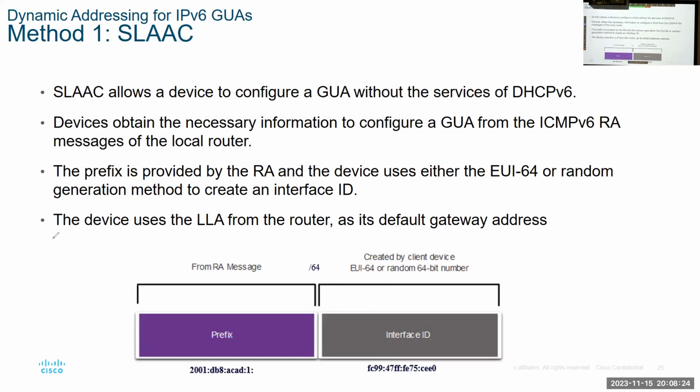Okay, so again, the EUI-64 or random. I don't remember if it's described in here, so I'll describe it now. The EUI-64 method of self-assigning an interface ID, the last 64 bits of your address, is basically you take the interface's MAC address, the first 24 bits of the MAC address, and then it inserts something, what the heck is it now?